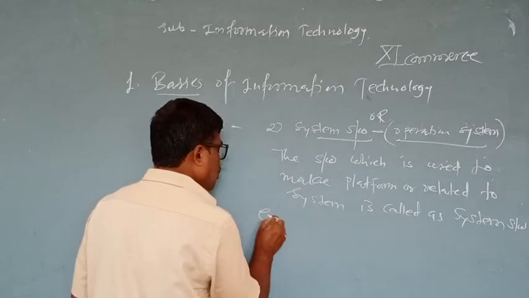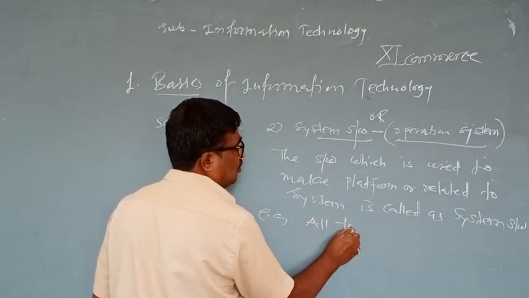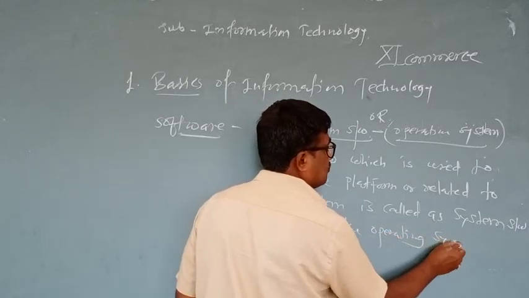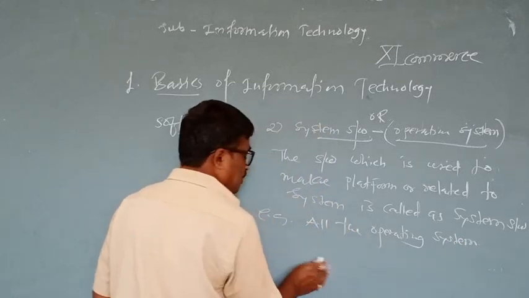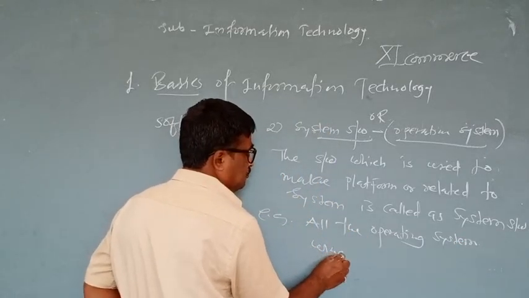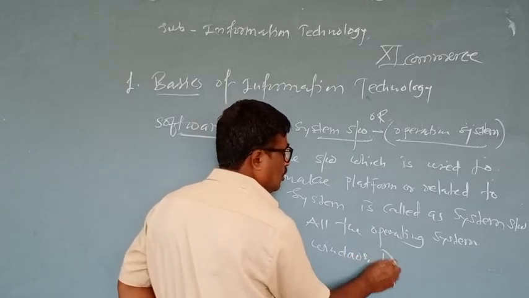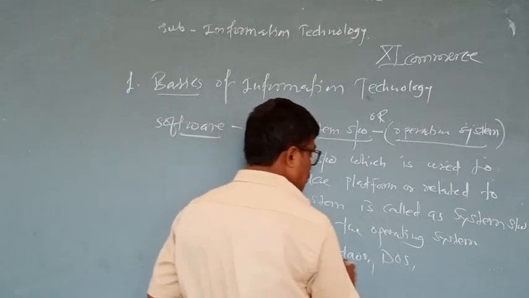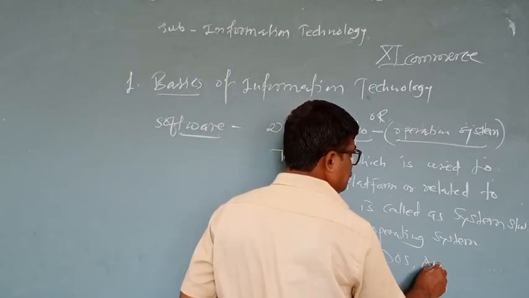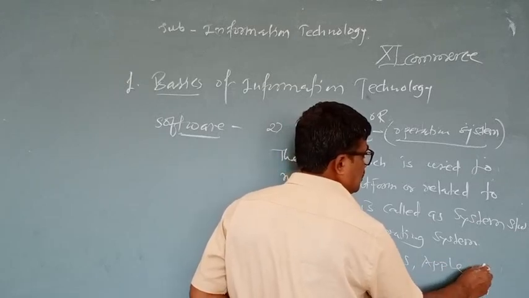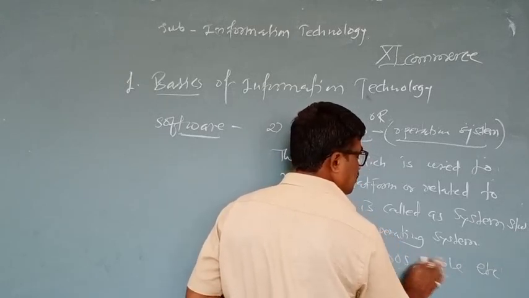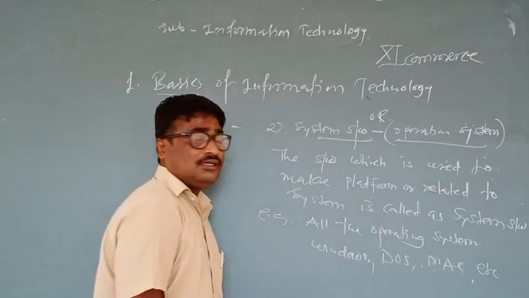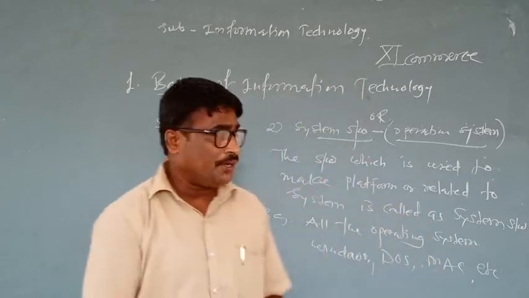For example, all the operating systems. For example, here is Windows, DOS, this operating system. This is one of the operating systems. DOS, Windows, then Apple, Mac operating system, etc. Okay, these are the examples of the operating systems.